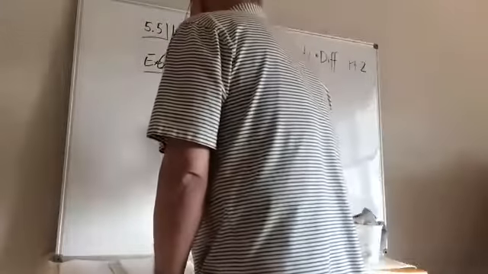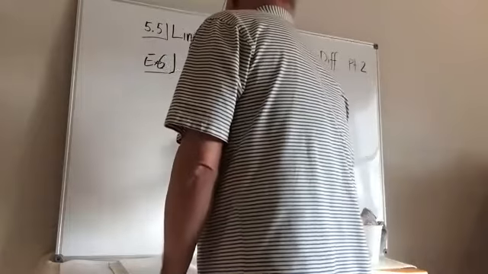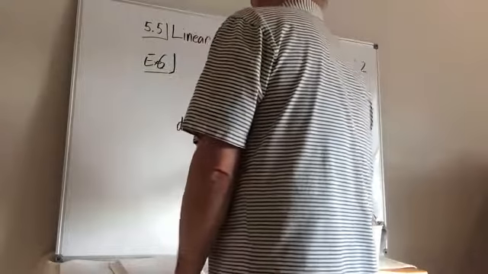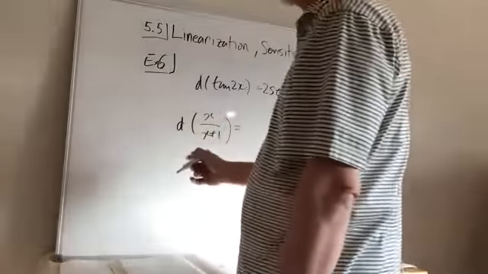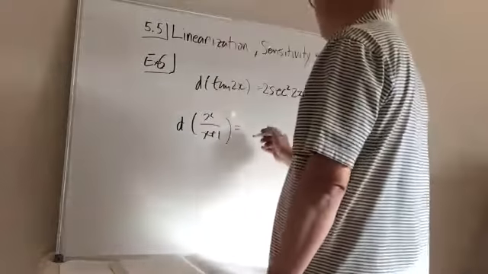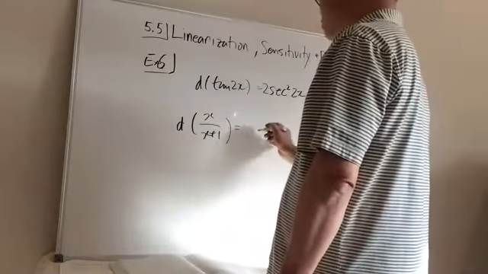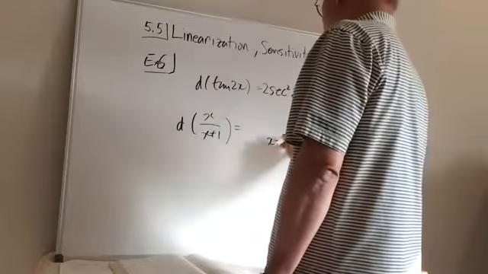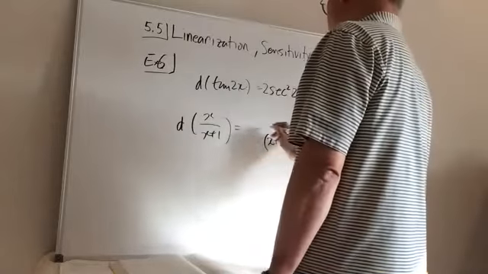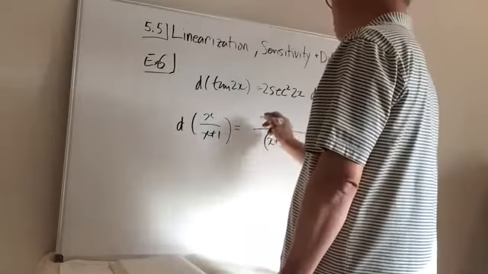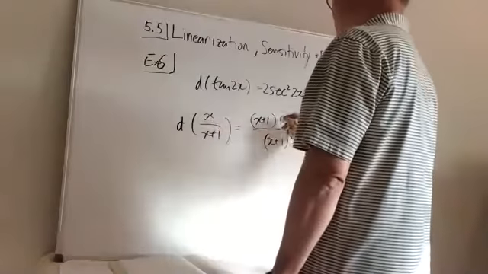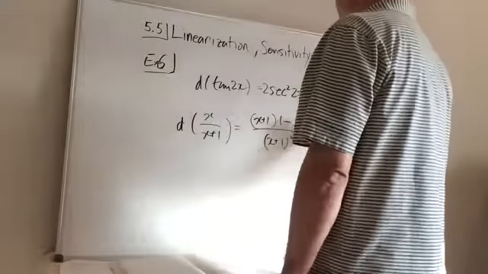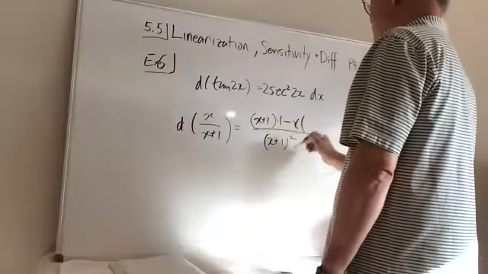And the next one is dx over x plus 1. So what am I going to use here? I'm going to do the quotient rule, right? Low d high minus high d low.